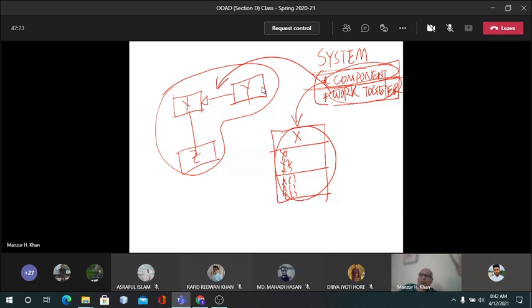Like the task of the sales department will be different than the task of the marketing department. The task of the transport department will be different than the task of the administrative department or human resource department. So everybody has their own specific set of tasks. So that's the individual component responsibility.